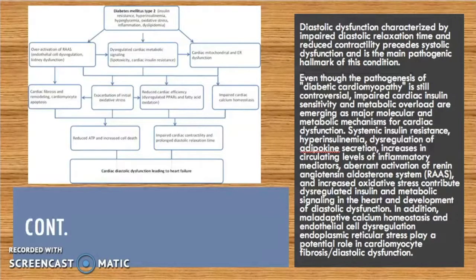This can all be driven by overactivation of the renin-angiotensin-aldosterone system, dysregulated cardiac and metabolic signaling, and cardiac mitochondrial and endoplasmic reticulum dysfunction, thereby leading to cardiac fibrosis and remodeling, cardiomyocyte apoptosis, exacerbation of initial oxidative stress, reduced cardiac efficiency, and impaired cardiac calcium homeostasis, thereby leading further to reduced ATP and increased cell death, impaired cardiac contractility, and prolonged diastolic relaxation time, thereby leading to cardiac diastolic dysfunction, in turn leading to heart failure.